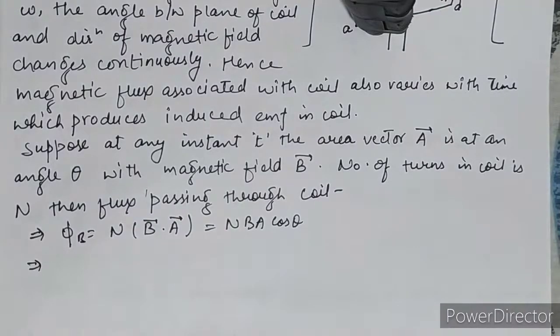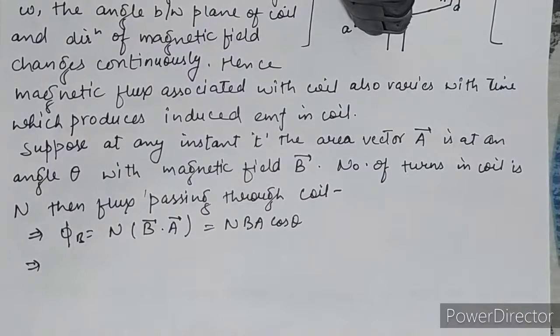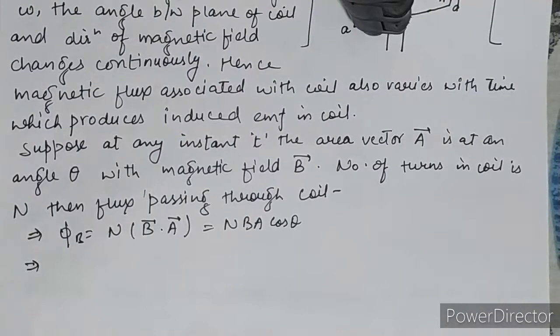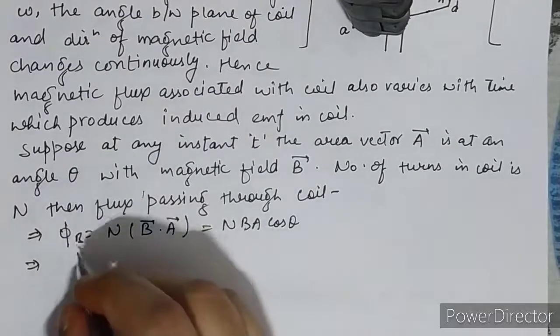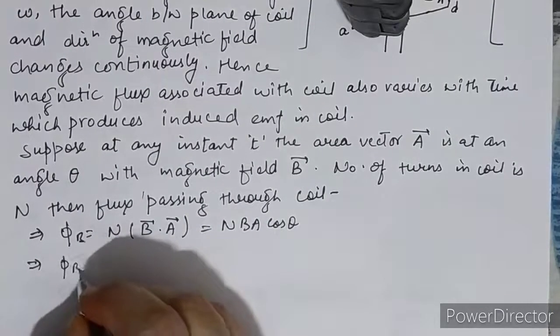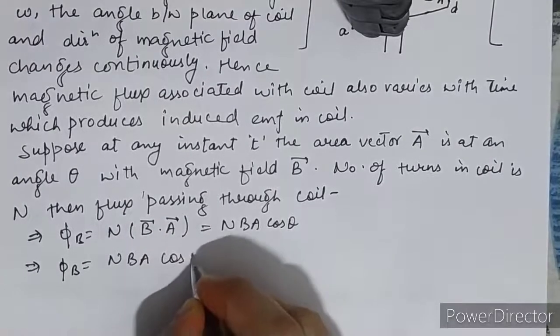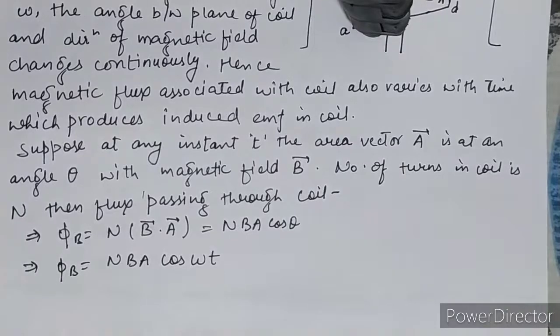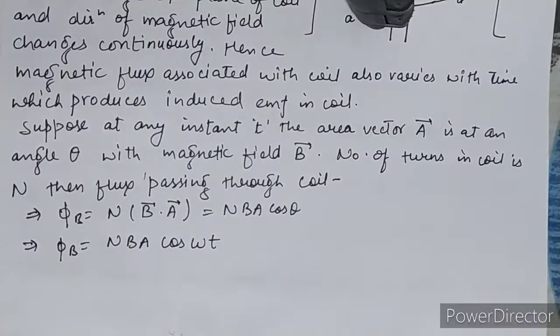You know, angular velocity is equal to angular displacement upon time. Omega is your angular velocity, theta is your angular displacement, t is your time. So from here angular displacement is equal to angular velocity into time. So in place of theta we are writing omega t. So phi B is equal to NBA cos omega t.